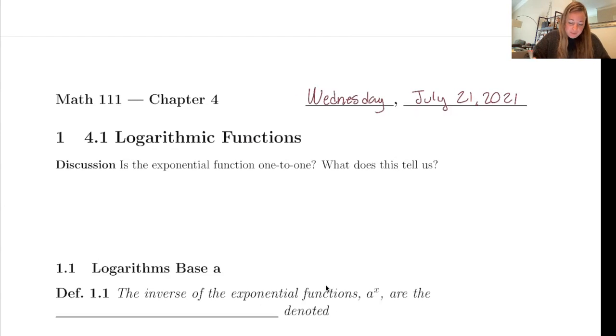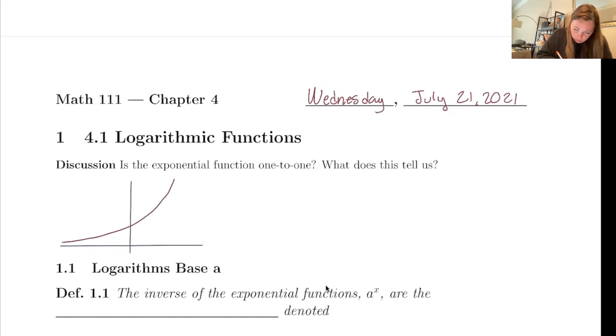Okay, so is the exponential function one-to-one? If we remember, our exponential functions look something like this, or they can look like a decay like that, those two things.